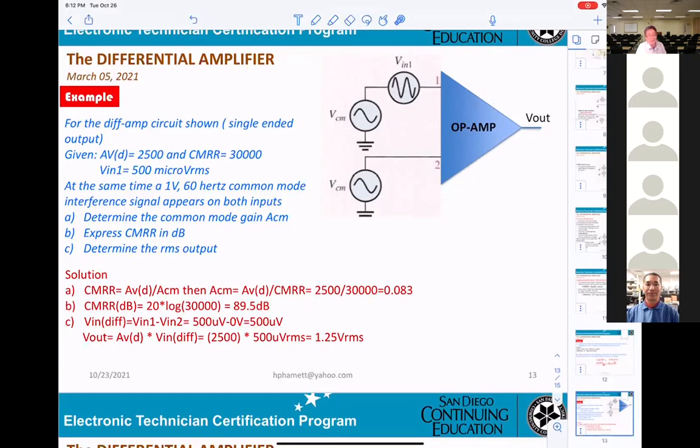They don't only amplify, there is more circuitry in there.